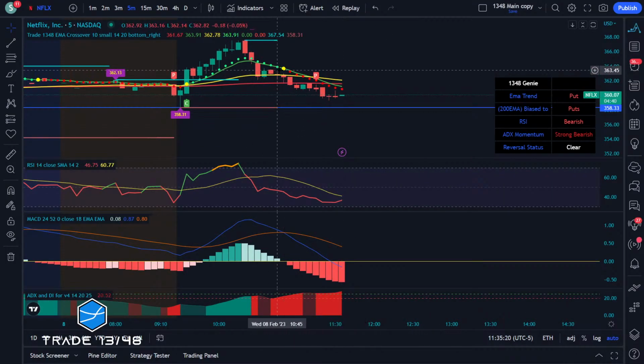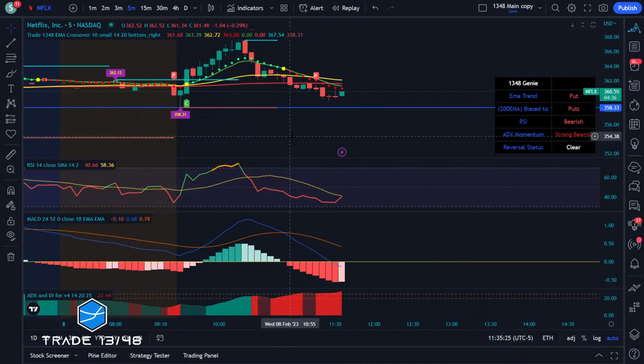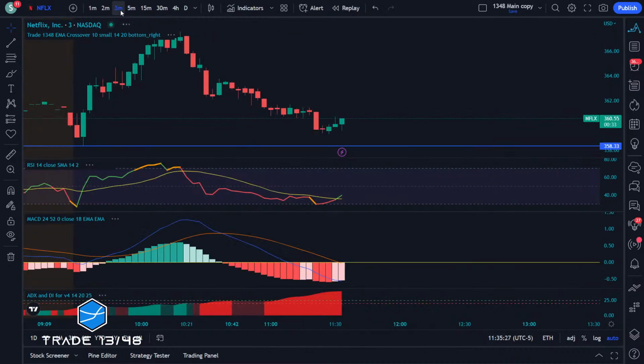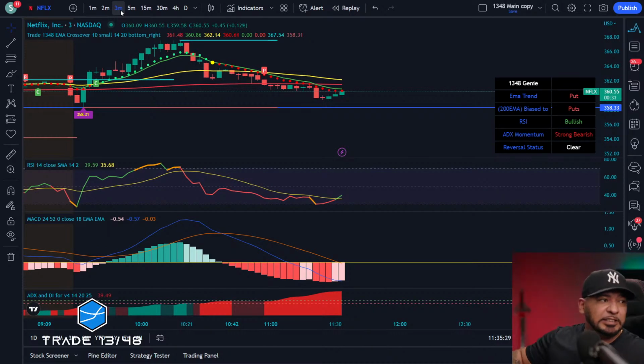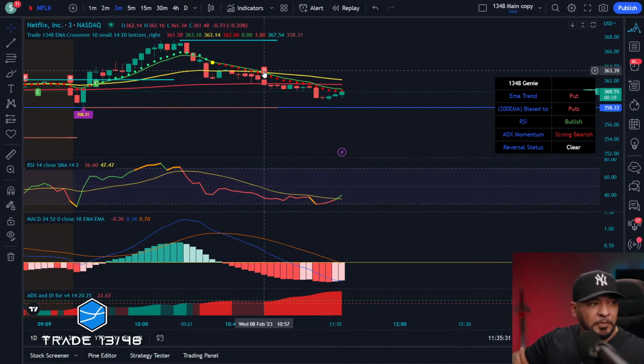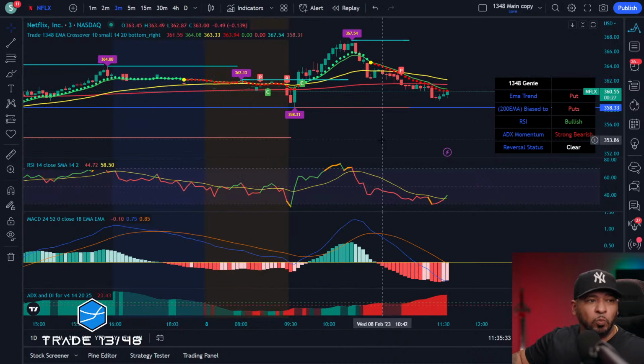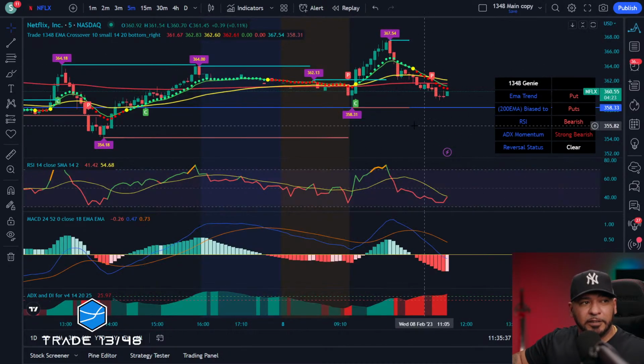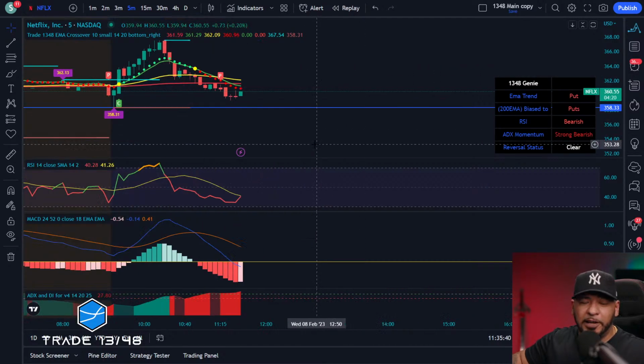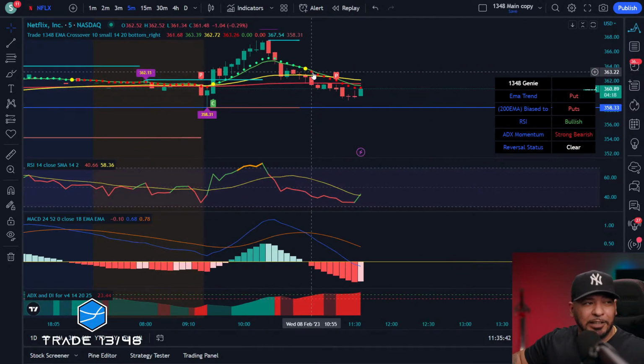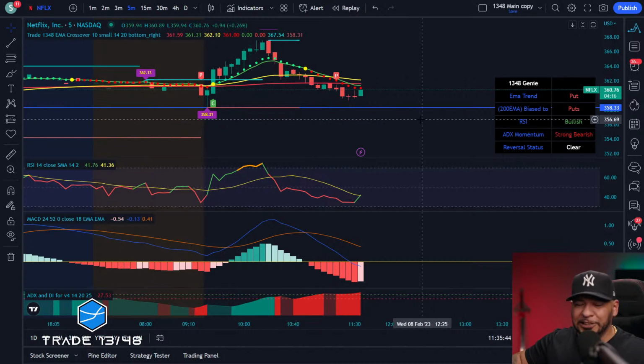At 11 o'clock, we had the cross here on the 3-minute. So we get the 3-minute alert. We wait for it to execute on a 5, so we go to the 5. Or you could play the traffic light and use the traffic light to guide you into the cross.